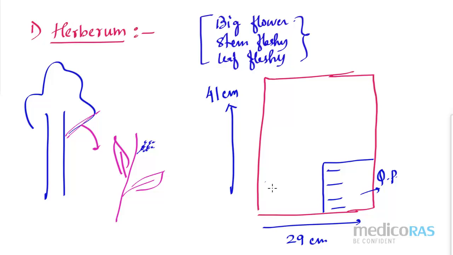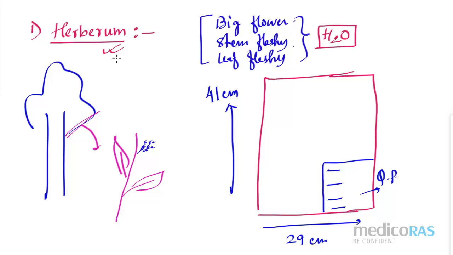Fleshy content or a big flower means there will be more and more water. So that type of plant we are not going to collect for herbarium. Please remember this one. This is the first and primary criterion: if the flower size or bud size is big, or the stem and leaf are fleshy, meaning there is more water content, those kinds of plants we can't use.